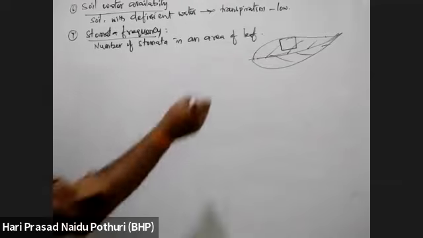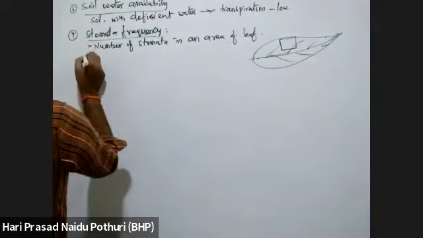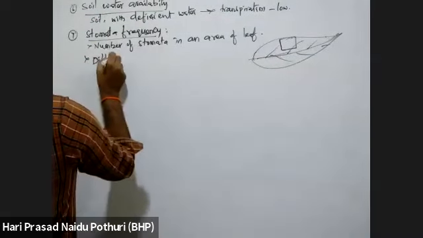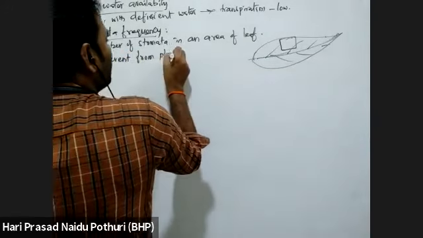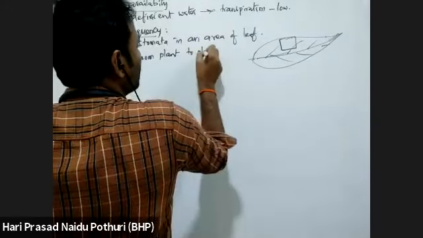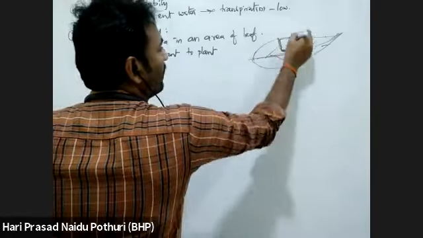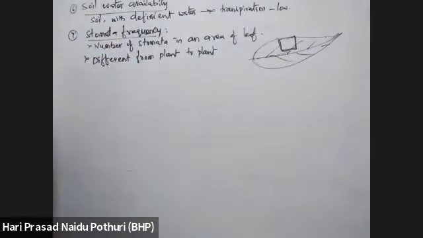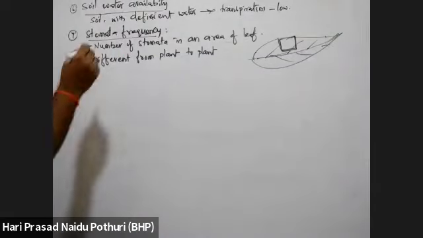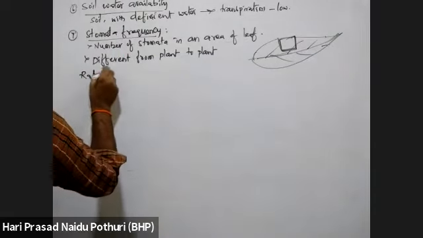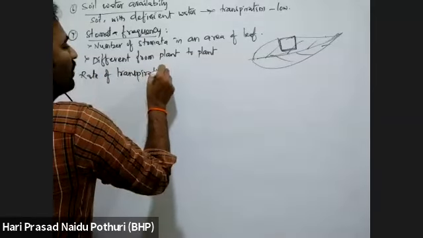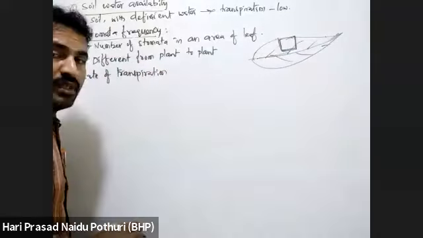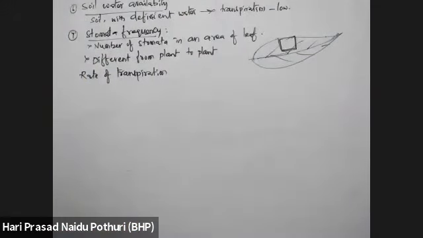Okay, this is different from plant to plant. Stomatal frequency is different from plant to plant. Some plants have more stomata within small area, whereas some plants have less stomata within that area. So here, rate of transpiration. How? If stomatal frequency is more, means rate of transpiration will be more.